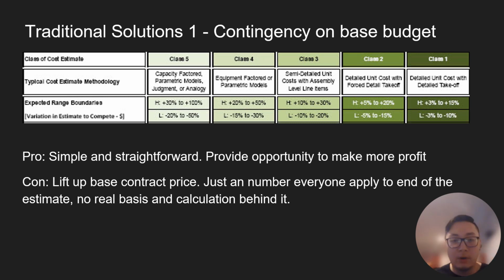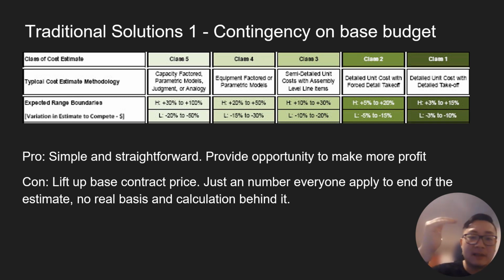And the pro of this is really simple, straightforward. Everybody can do it. I can put a 5% on a 20% complete drawing or whatever. It's really straightforward. But the real problem with this is it's just a number. You're taking an educated guess on how much risk you are taking on.